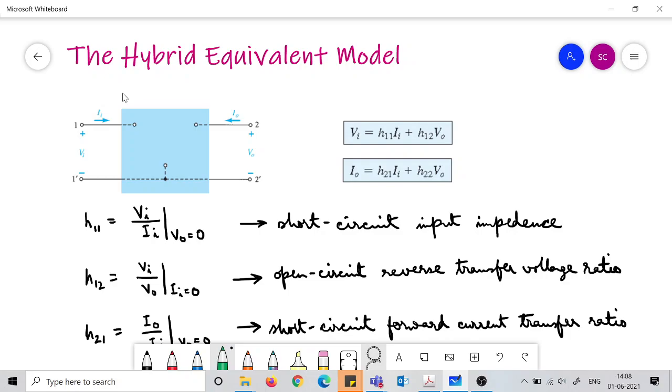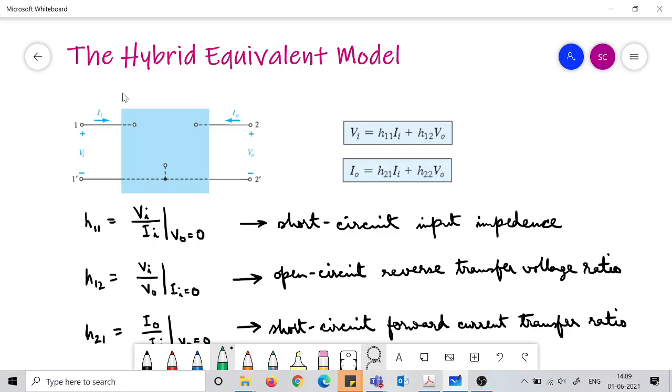Three ports are there. Between 2 of these ports, the input signal is applied, and from 2 of the ports, the output signal is extracted. So one port is common, and that port which is common is actually called the common base or common emitter, like that.